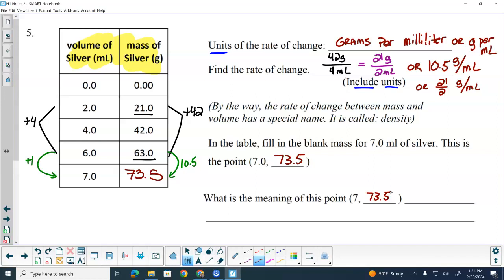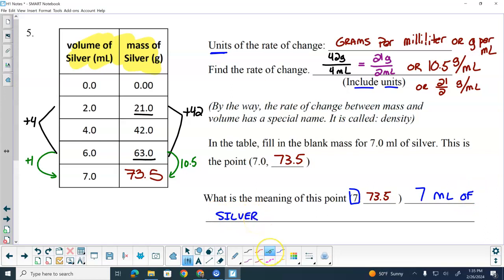What does it mean? 7 milliliters of what? Of silver, okay. So it means 7. Here, I'll even color code this for you. 7 milliliters of silver.